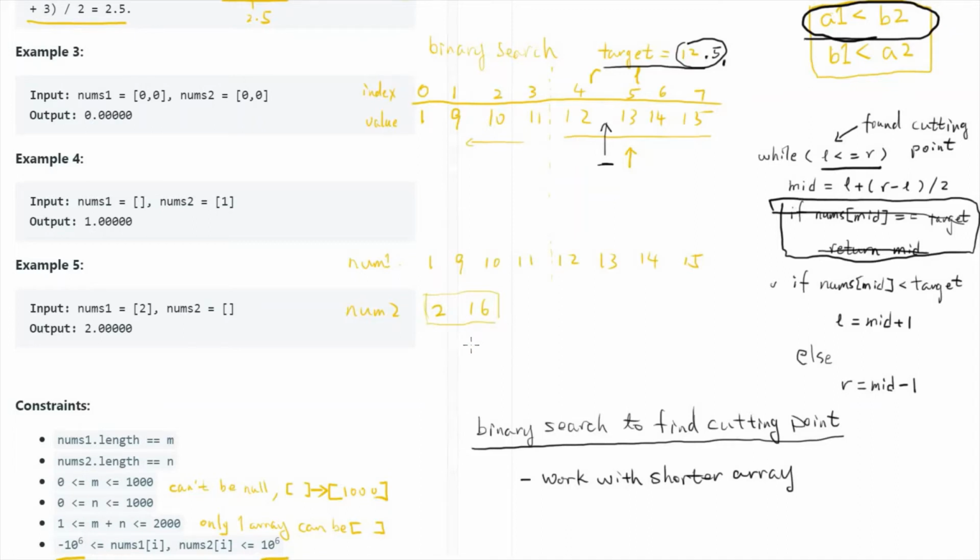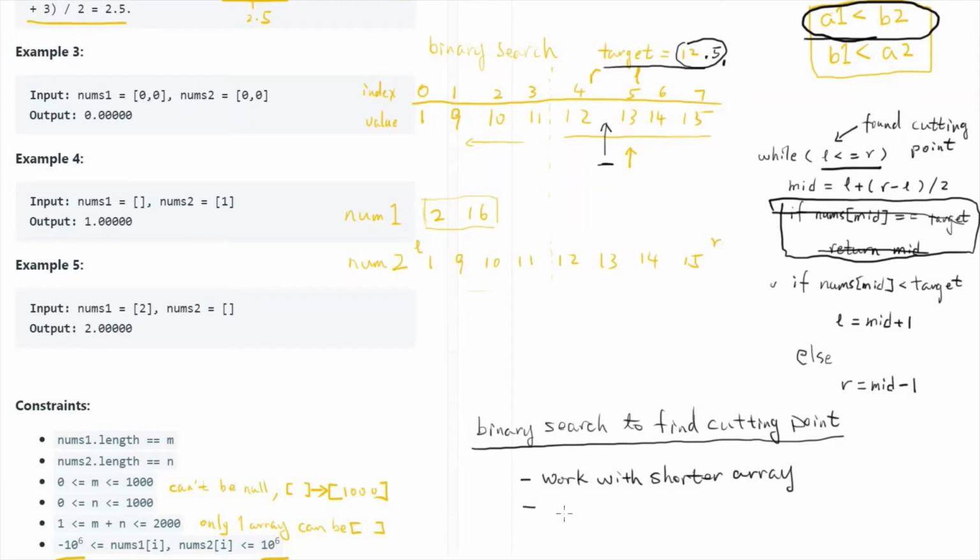So we have to deal with an out of boundary issue. If we work with the shorter array, then we can guarantee that the cutting point in the second array is always bounded.